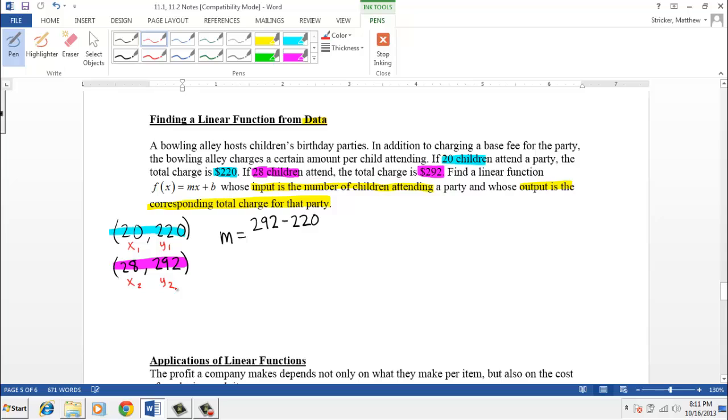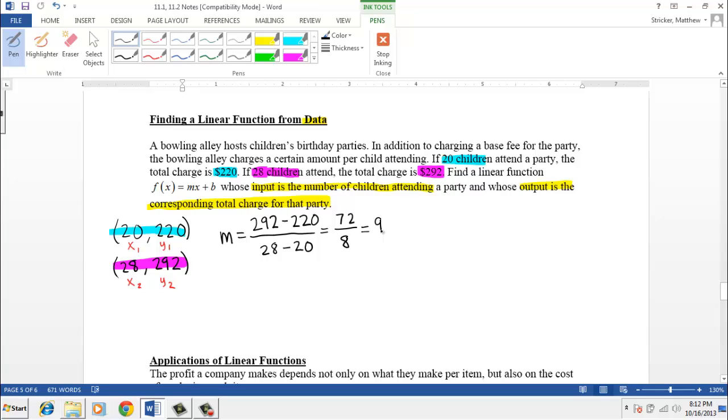So if we subtract the y's, 292 minus 220, divided by the change in the x's, that's 28 minus 20. This gives us 292 minus 220 is 72 over 8. And of course 72 over 8 reduces to 9.